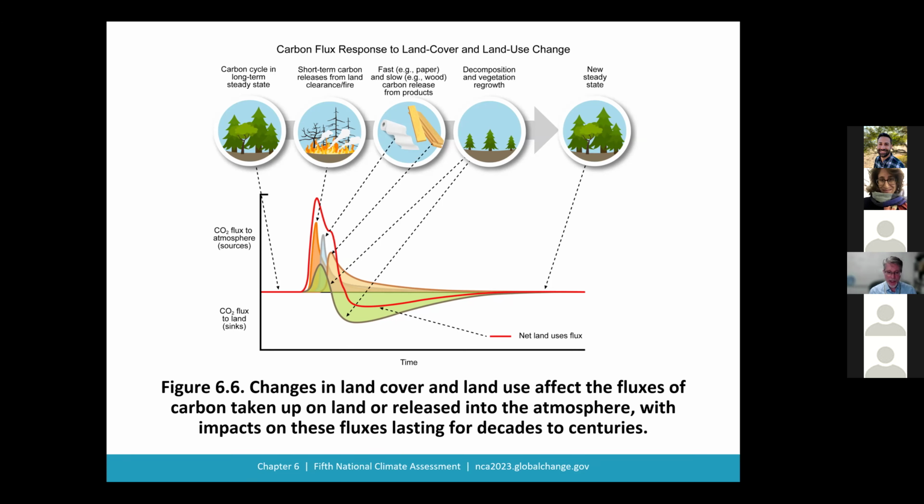And depending on what kinds of disturbance have happened on a particular piece of land, or what kind of management practices have been in place over time, you can have very different characteristics of whether that land is acting as a source or a sink. And so the protection of that source and sink is an important aspect of the threat that we were identifying in this work.